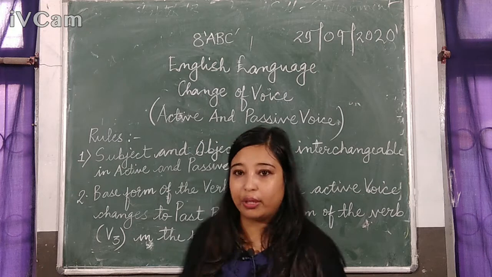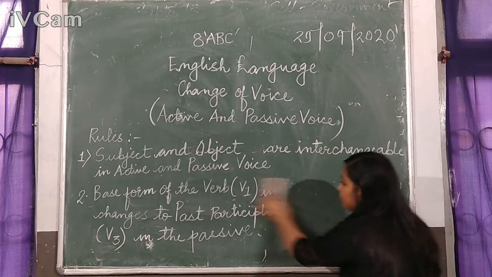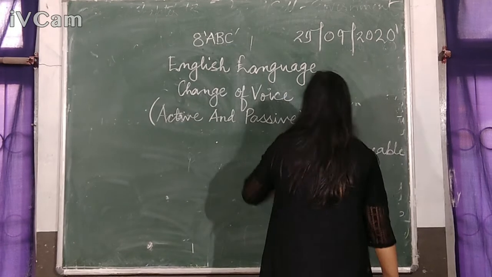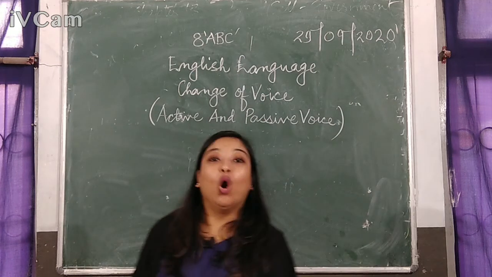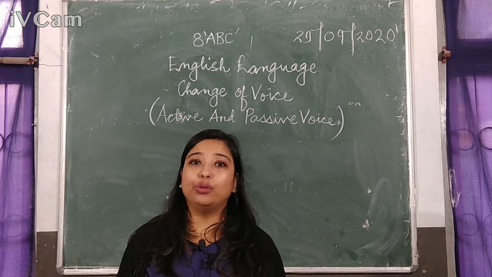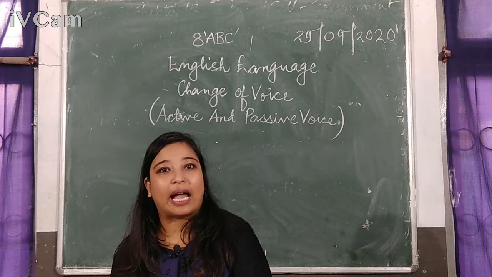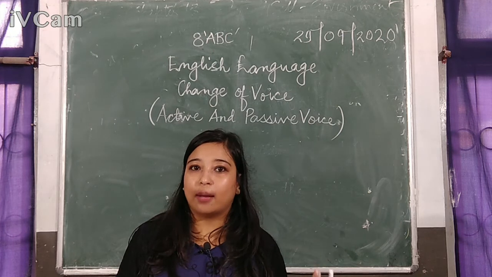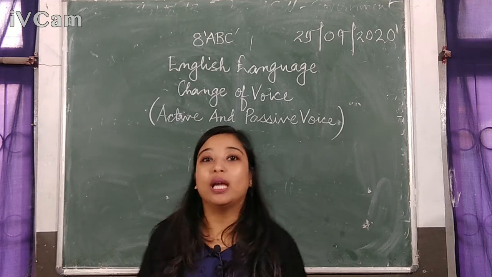Now rule number 3, just a recap of what we did in the last class. When the object is plural in the active voice, then you'll have to make it into a subject in the passive voice, and the accompanying verb also has to be plural.